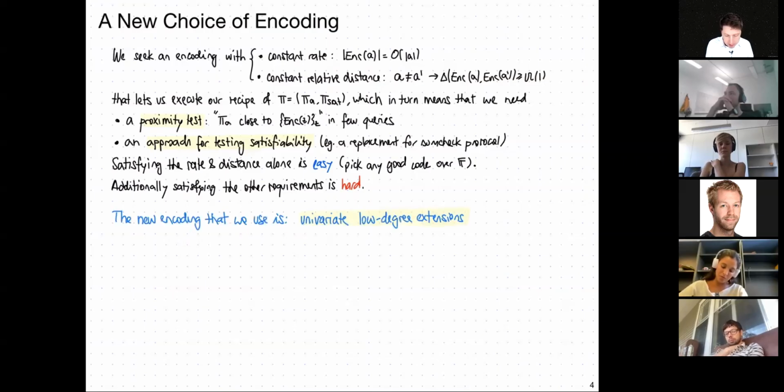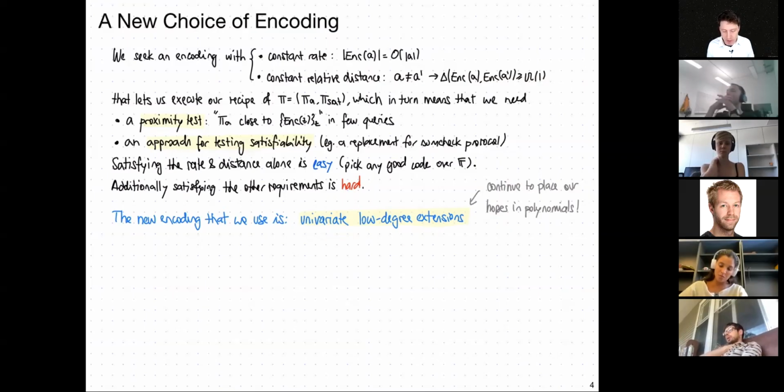So the dual coding that we'll use is univariate low-degree extensions. This continues the trend that polynomials play an important role in arithmetizing and then testing computation.